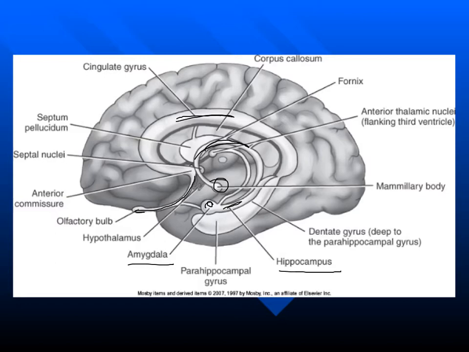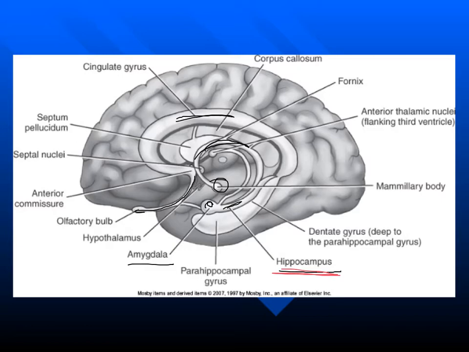Now, as far as the parts of the limbic system are concerned, a couple of them are really important. One of them is the hippocampus. The hippocampus is important because if it is damaged, it can result in loss of memory. A lot of patients that come with dementia or seizures, after MRI or CT, they find out their hippocampus has been damaged.